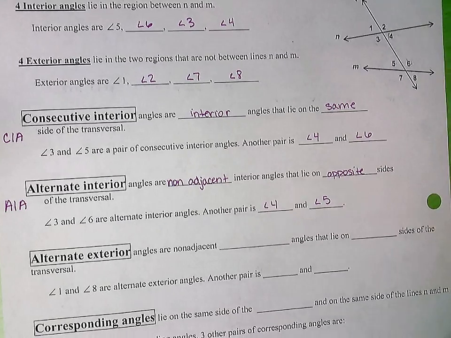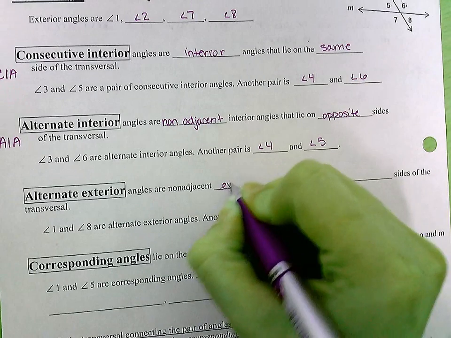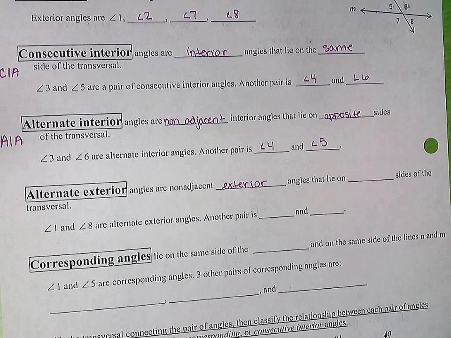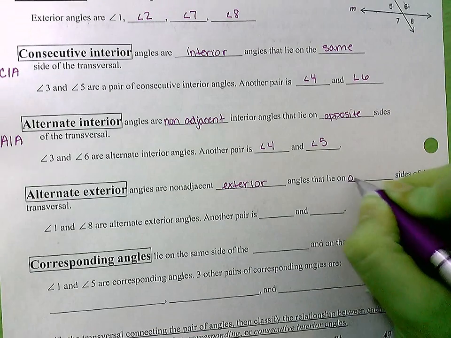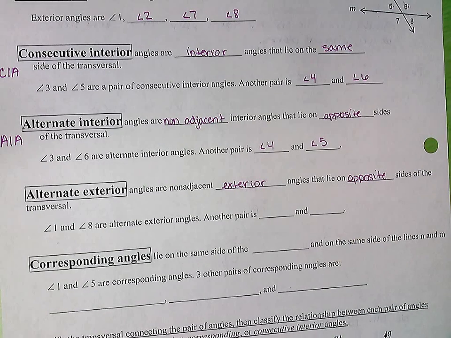The next type is alternate exterior angles. Those are non-adjacent exterior angles that lie on opposite sides of the transversal. Again, we have that alternate word.